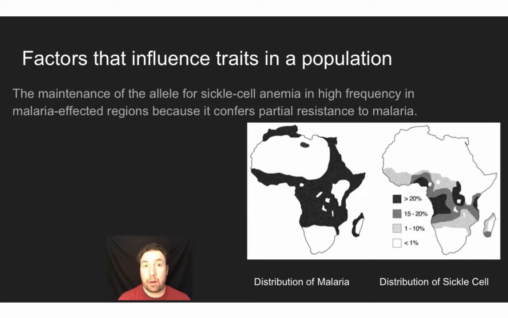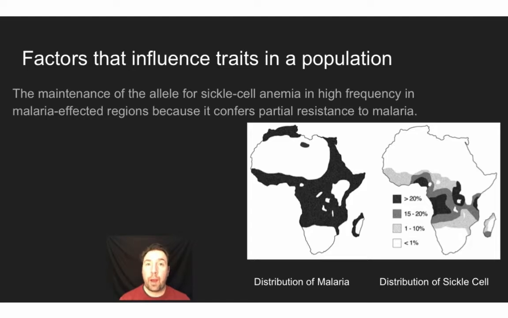Having a disease or having a predisposition to developing issues with your red blood cells, even if you're heterozygous and you only have mild factors, that puts you at risk and you are not going to be as fit as those without the trait. But if you put humans in an environment where having those altered red blood cells provides a fitness advantage, they're better able to survive and reproduce. Specifically, children are at great risk.